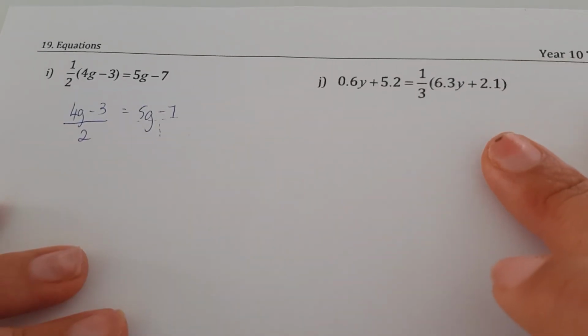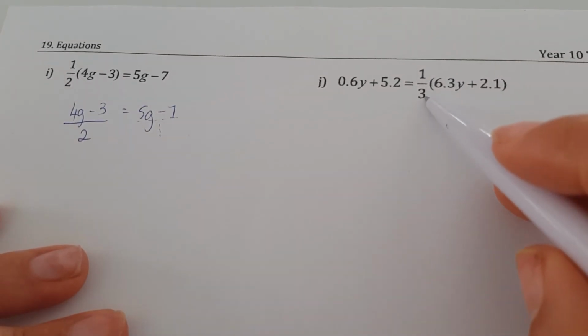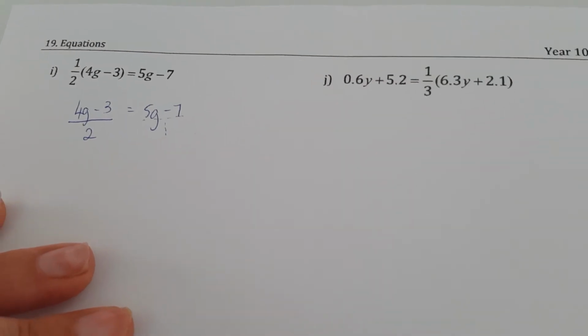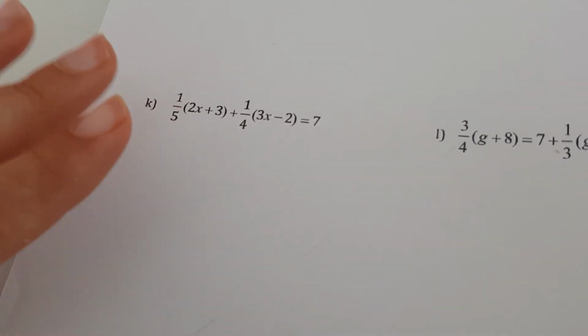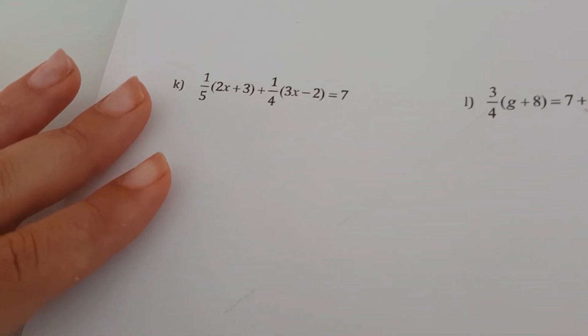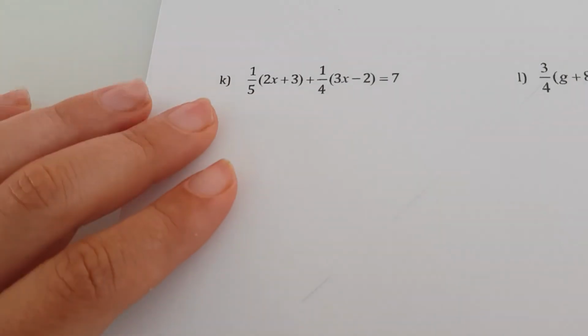Similarly, I have this one over here, which is all on 3, and these are a little bit trickier. These you have to use the LCM, definitely. So let's do it together.